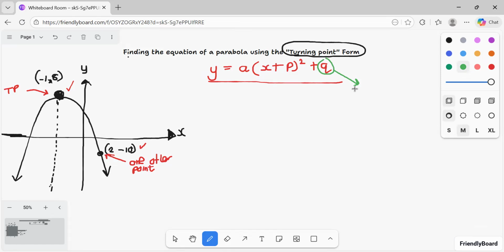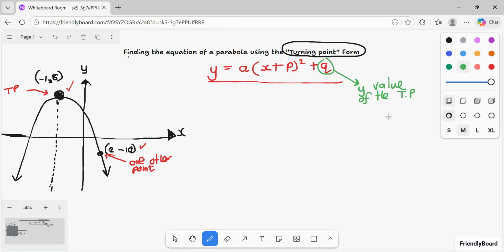So the Q is the Y value of the turning point. I'm just going to write it as TP, standing for turning point. So the Y value of the turning point is represented by the Q there.